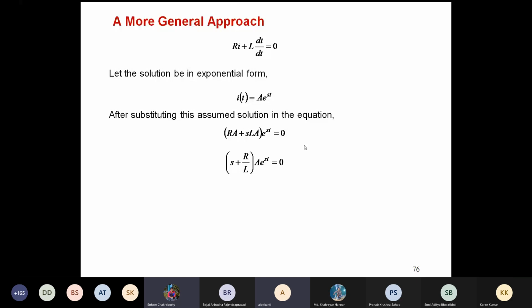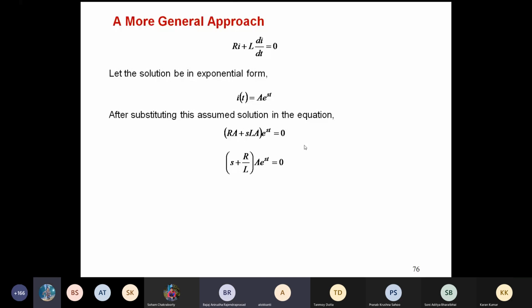Can there be any other solution? You told maximum two solutions. No, I don't think that. e is always positive, we can put many things and we can get many solutions. What are the variables? Sir, s and A in the assumed solution.